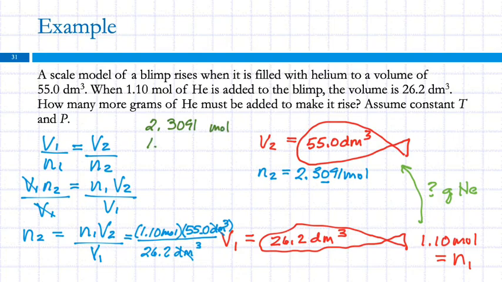I already have 1.10 moles. So I need to add 1.2091 moles of helium. This is an H. Looked like an N there for a while.